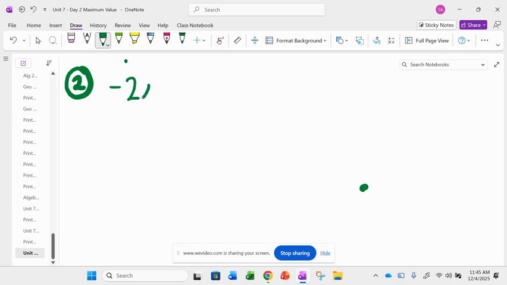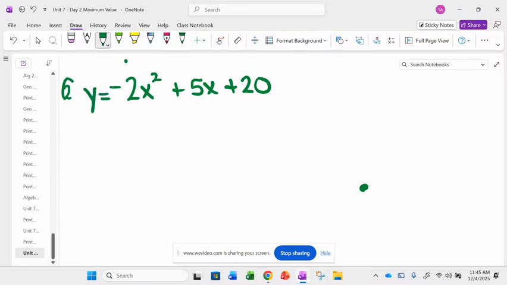So I have negative 2x squared plus 5x plus 20. Sorry, y equals this. Same directions: I want us to put it in vertex form and then identify if it's a max or a min. Also, let's identify the vertex.